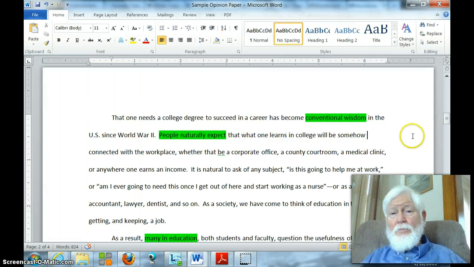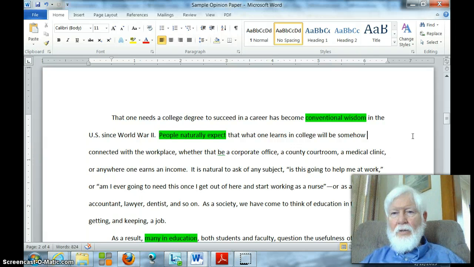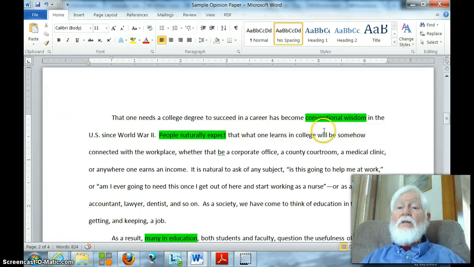People naturally expect that what one learns in college will be somehow connected with the workplace and so on. All right, the general topic then is the relationship between a college education and the workplace or the job or the career and so on. Now, notice these green highlights here.